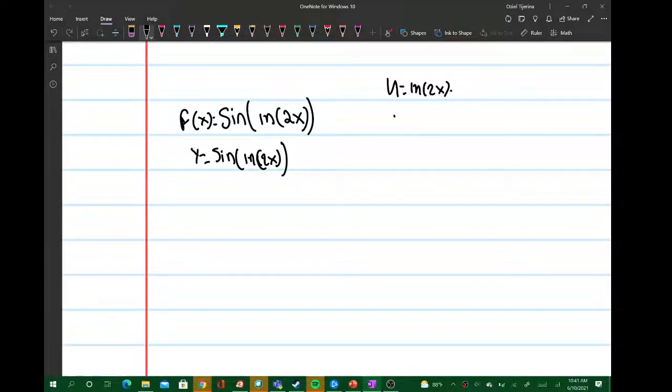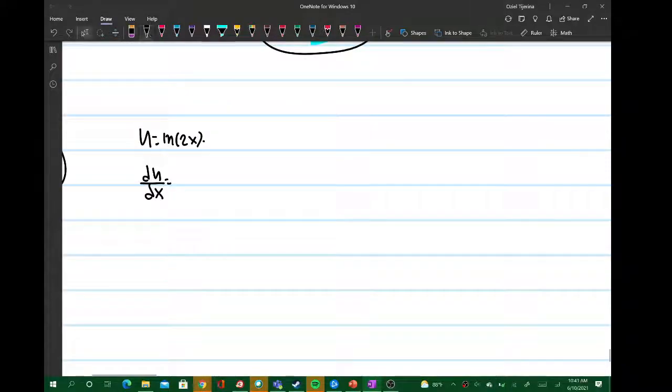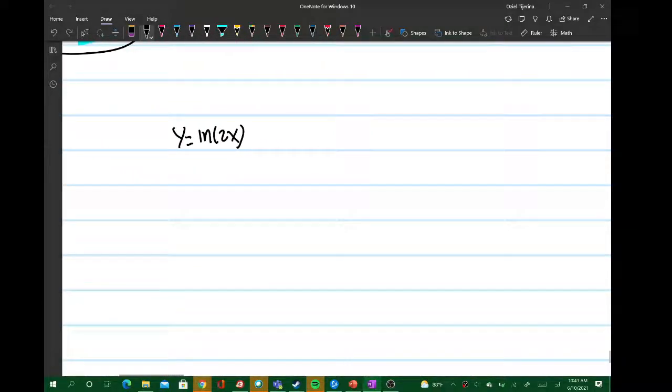That means that du dx will be... and again, if you want, you can actually grab the function ln of 2x and take the derivative of that using Leibniz notation.